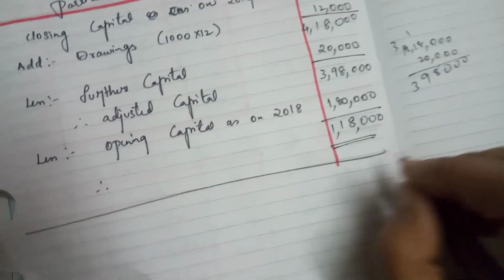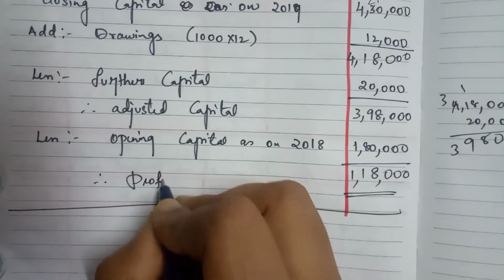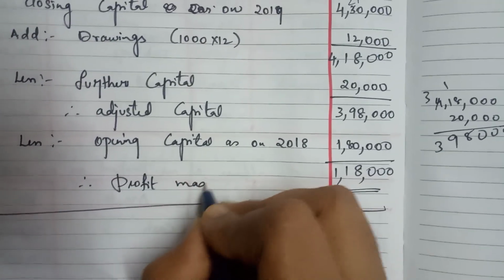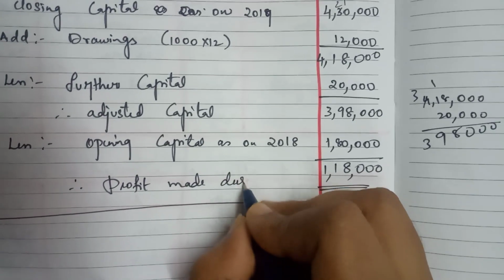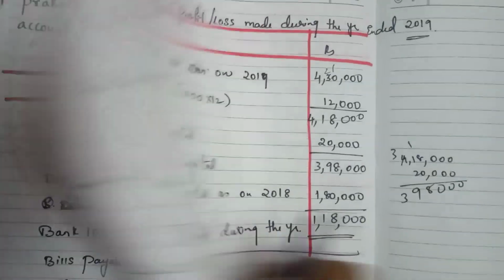So we got a positive figure. Therefore, profit made during the year. That's it.